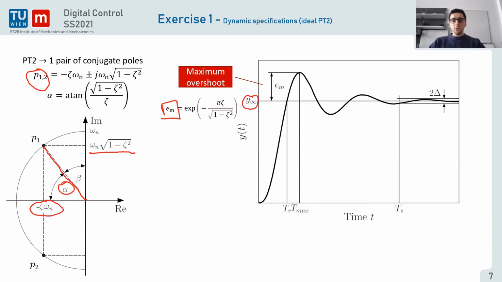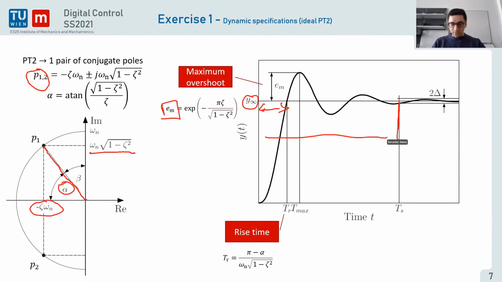Then you can also look at the rise time. The rise time is the minimum time you need to reach the target value. This rise time can be quite fast, like here, compared to the settling time we're going to talk about in just a few seconds. Here you can see that the rise time is just this time here, but the system will only stop oscillating completely around here.